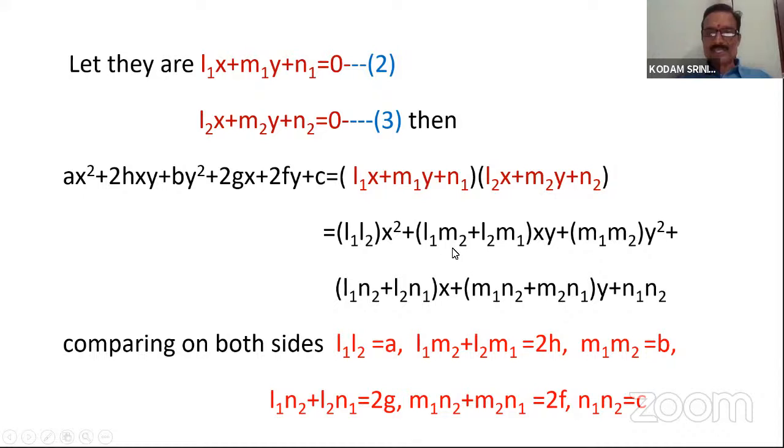Similarly, the coefficient of xy: L1M2 plus L2M1 equals 2h. The coefficient of y square: M1M2 equals b. The coefficient of x: L1N2 plus L2N1 equals 2g. Again, M1N2 plus M2N1 equals 2f. The constant part on both sides: N1N2 equals c.